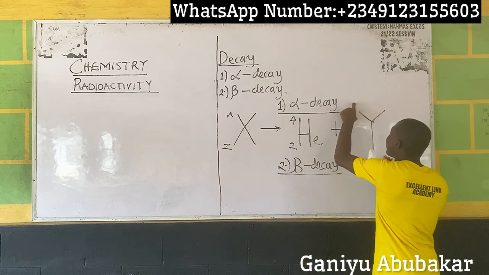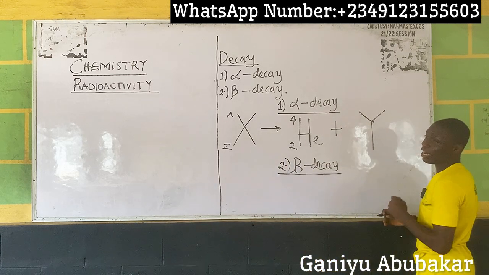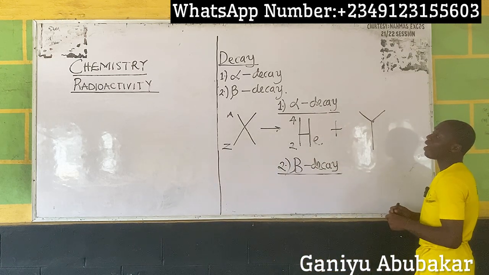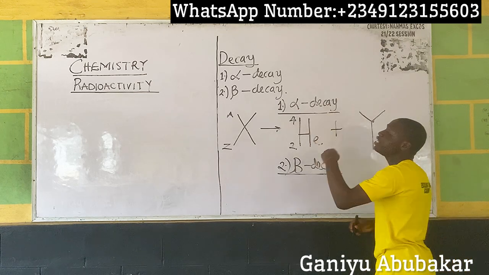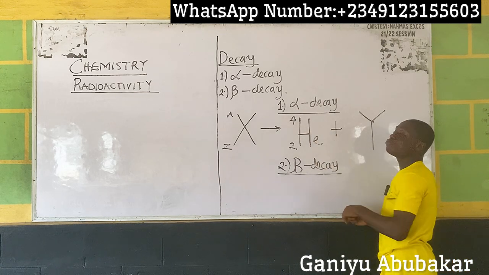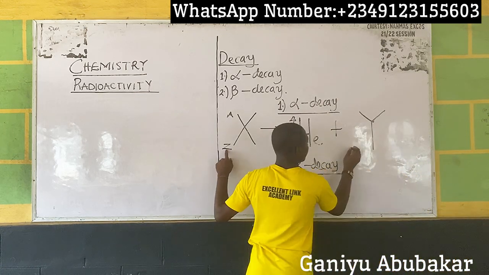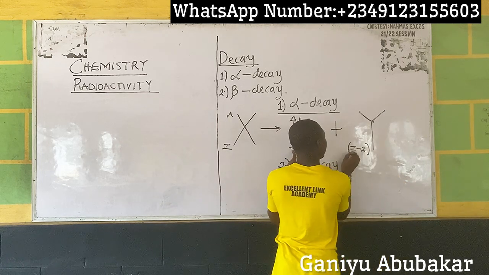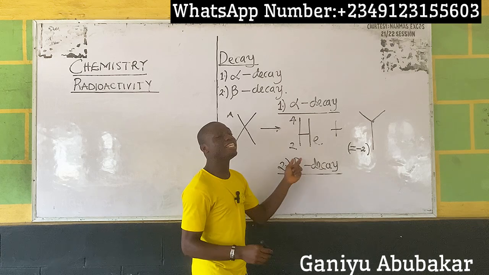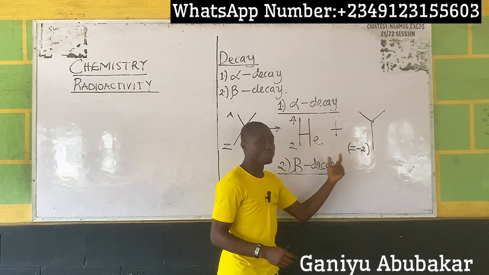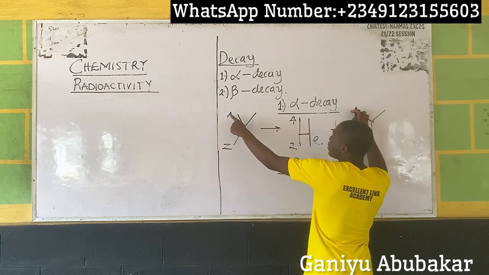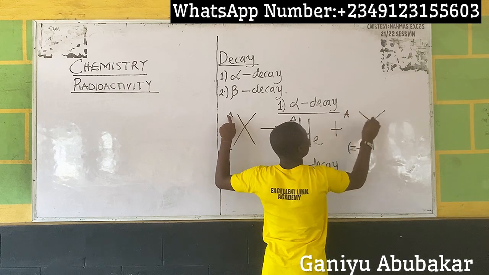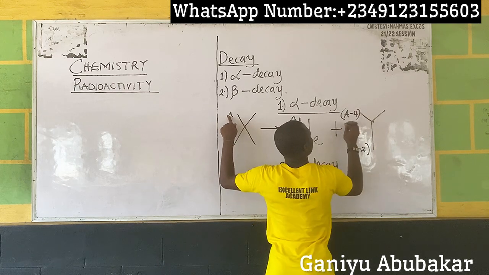What will be the mass number and the atomic number of this new element? We said the atomic number in alpha decay is reduced by 2, that becomes Z minus 2, while the mass number, this is A, is reduced by 4.